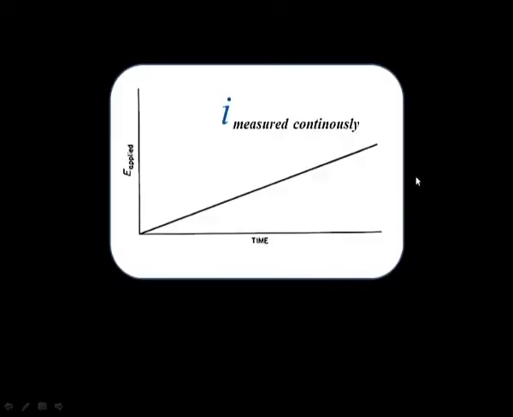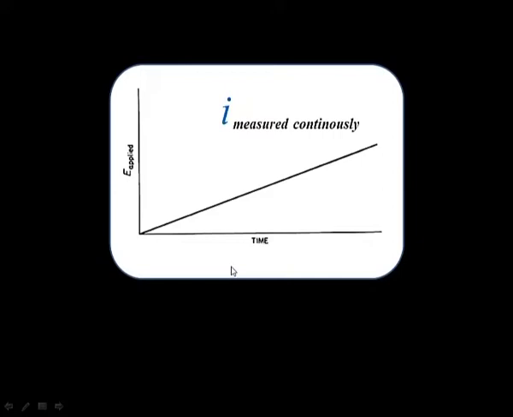Now, if we see the change in potential with respect to time, we can see that a linear relation is followed in polarography, and I, that is the current, is measured continuously. This is known as the linear voltage waveform used in polarography.